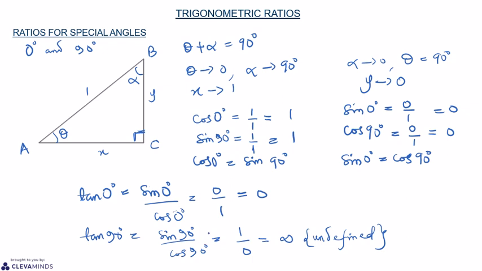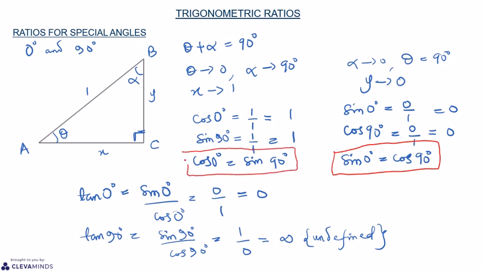So now we need to understand that these are the trigonometric ratios for special angles in a right angle triangle. The important things to note here are that sine 0 is equal to cos 90, which is 0. Cos 0 is equal to sine 90, which is 1, right?